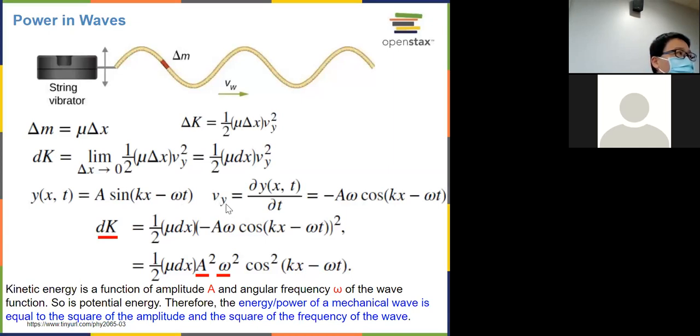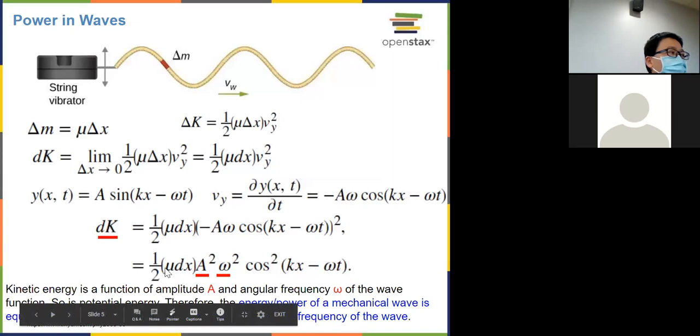It's going to be the partial derivative of the displacement function with respect to t. It's going to be minus A omega cosine, which we checked I think two lectures back. Then dK is going to be equal to 1/2 again, so 1/2 this guy, now v_y should be replaced by this expression, so that's squared.